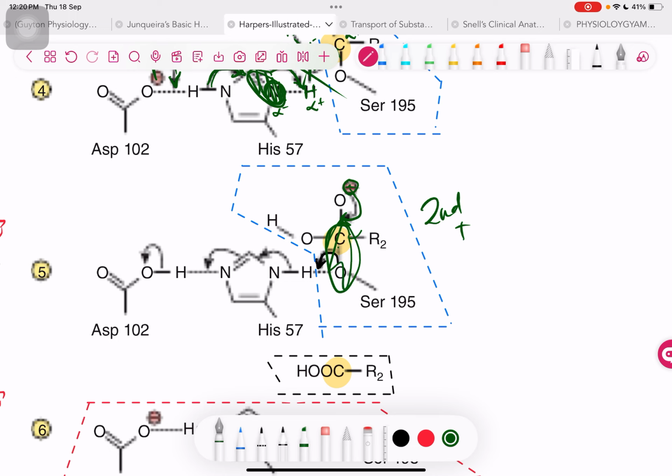So the electrons are right here. But because of the electronegativity of oxygen, which is this one, it pulls the electrons to itself, and this becomes very reactive to a partially positive hydrogen near it.